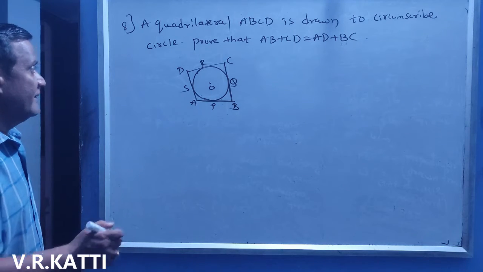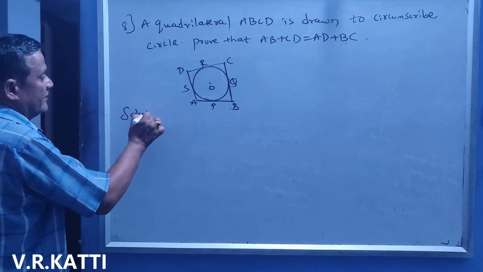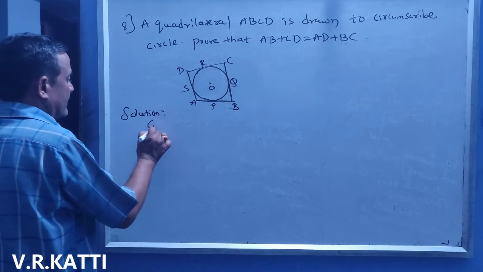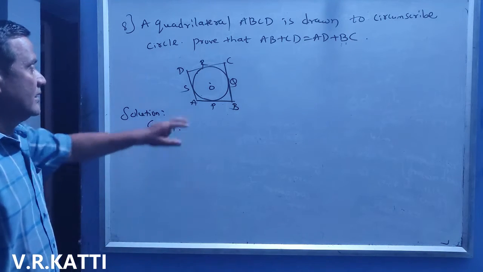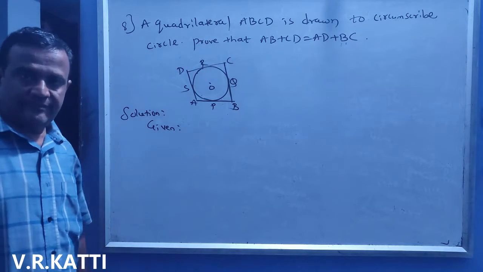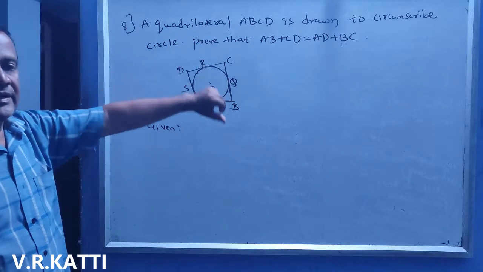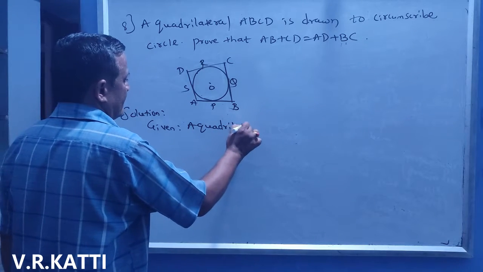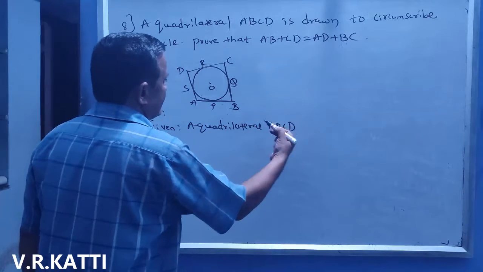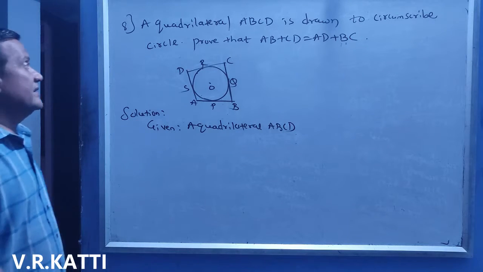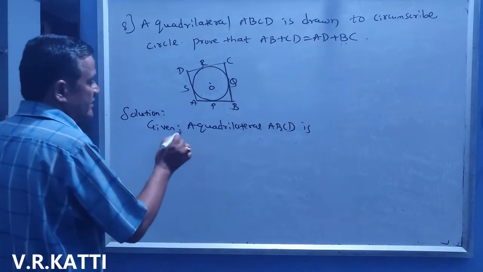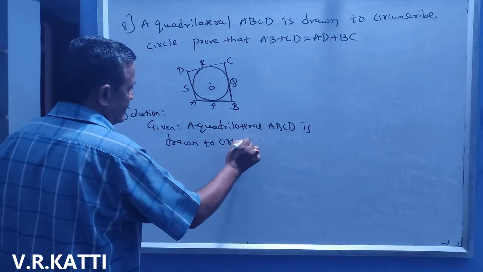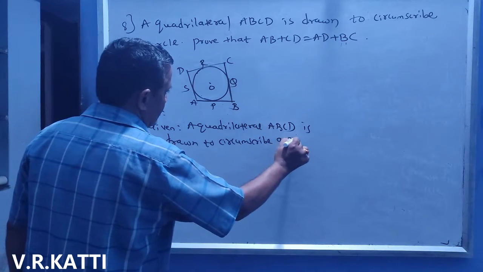Yes, students. First, write given. What is given here? The statement itself is given. A quadrilateral ABCD is drawn to circumscribe a circle.